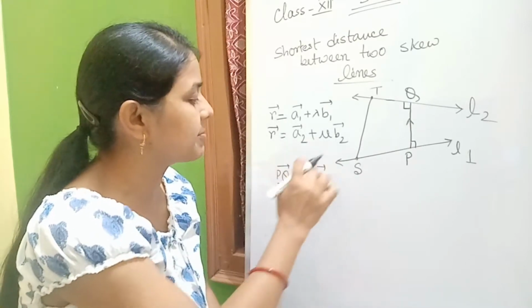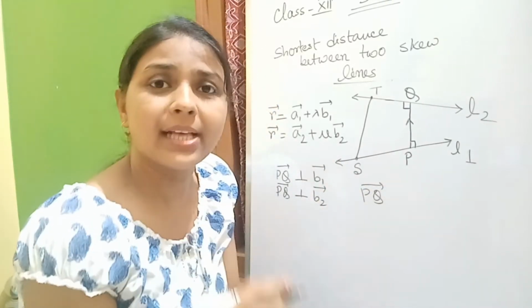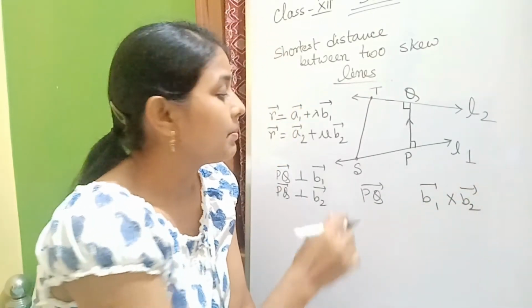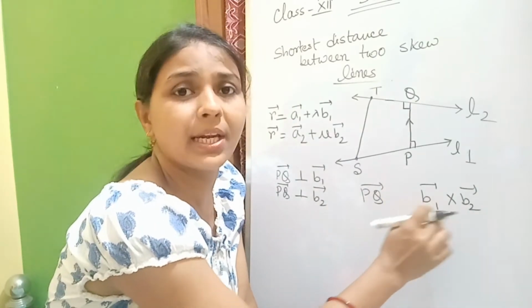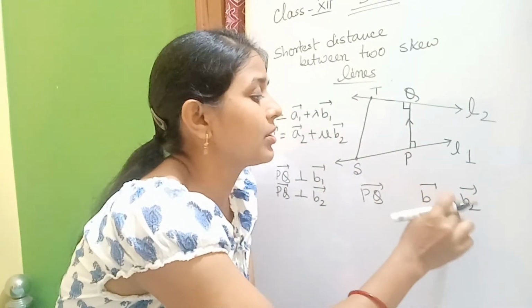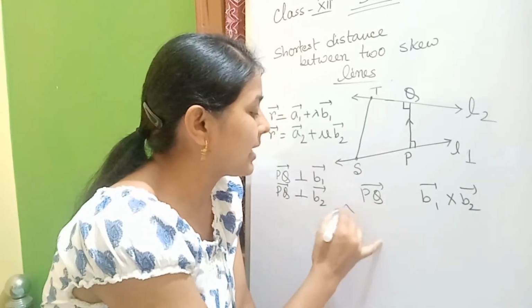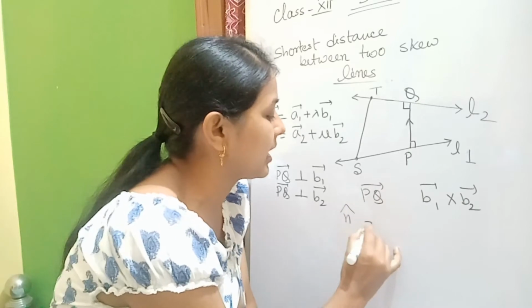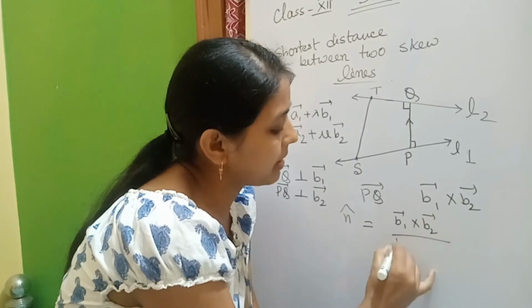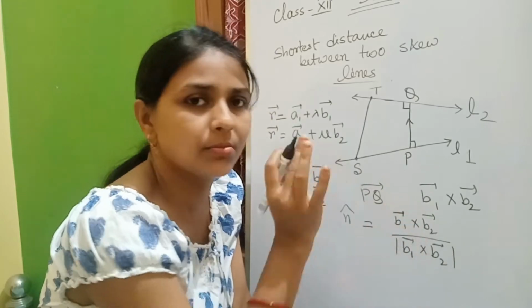Now one vector is perpendicular to two other vectors, which means PQ vector has the same direction as b1 cross b2. So if n cap is the unit vector along PQ, then n cap equals b1 cross b2 divided by mod of b1 cross b2, the vector divided by its modulus.